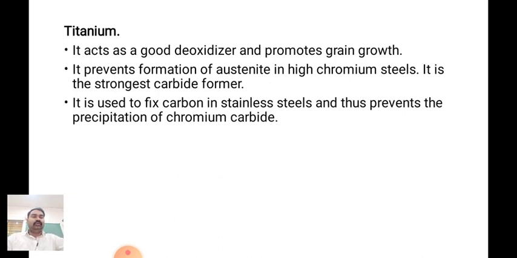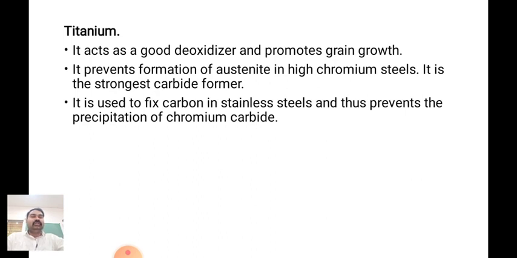After pouring into the mold cavity, it will take some time for the solidification of the complete cast material, because we have poured the molten metal at an elevated temperature into the mold cavity, so it will take more time to solidify. But by the addition of titanium, it will promote the grain growth.